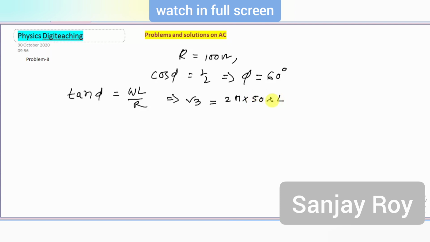We have to find L. R equals 100 ohm. 50 into 100 by 100, cancel. Therefore L equals root 3 by pi Henry. This is our result.